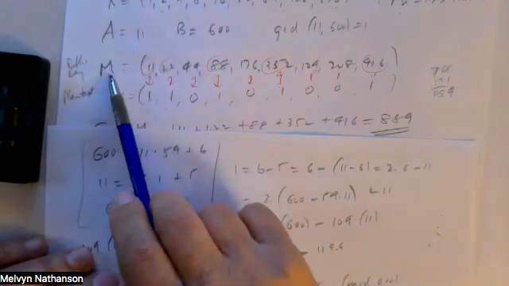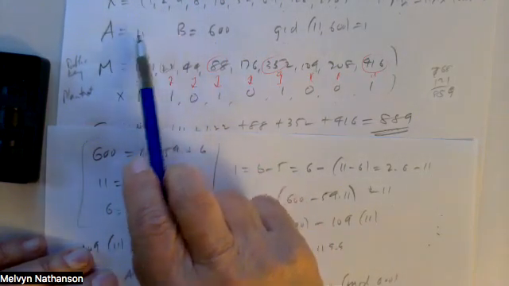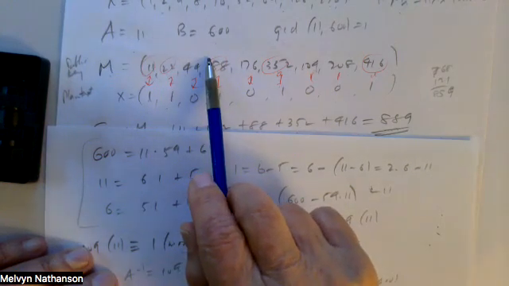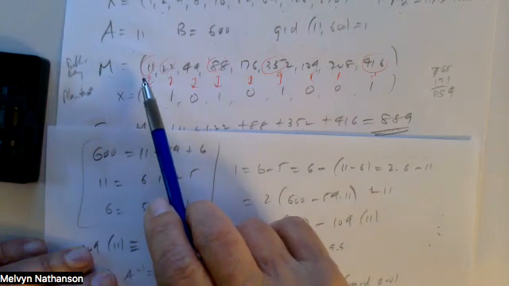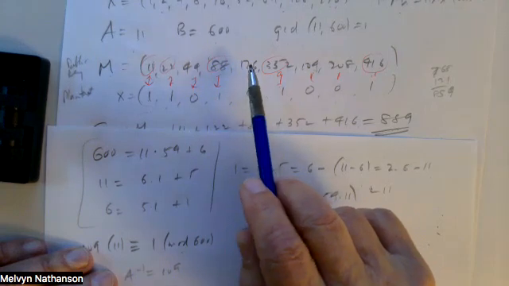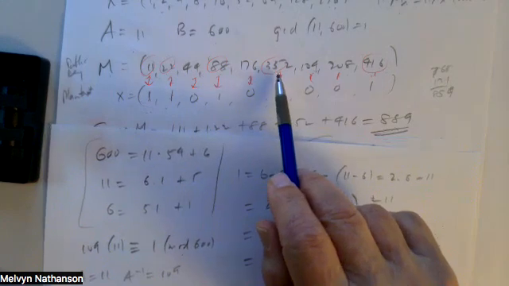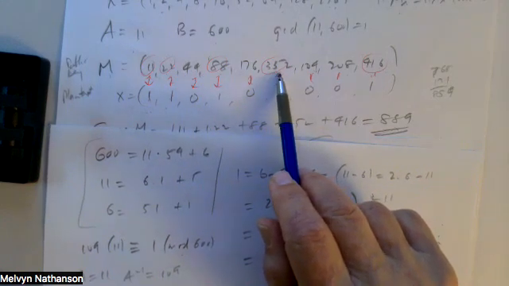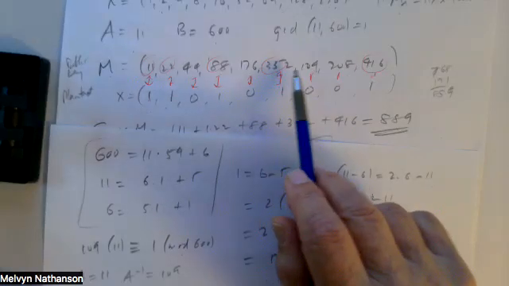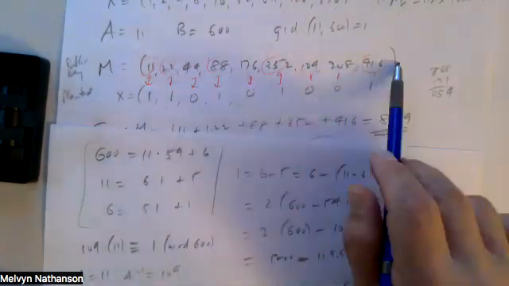The sequence M we get by multiplying every number in R by 11 and reducing it mod 600. So we get 11, 22, 44, 88. We're just doubling it every step. 176, 352. But then when you double 352, you get 704. Reduce that mod 600, that's 104. Double that, double that. So this is the sequence M.